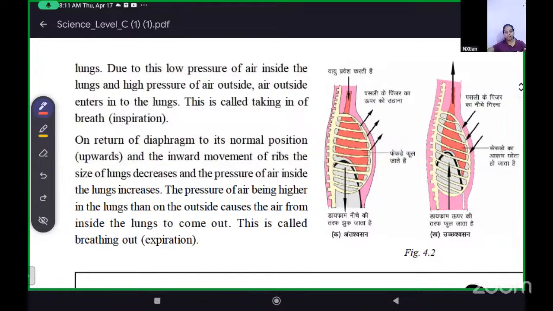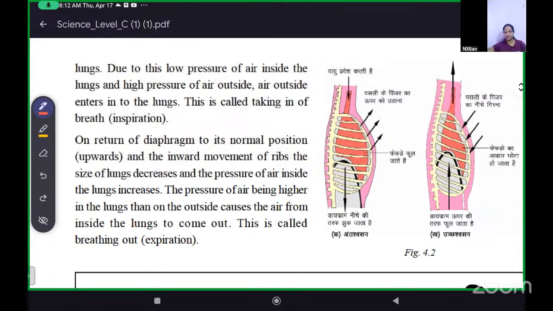What happens in breathing in is also about the pressure. Low pressure is inside the lungs and high pressure is outside the lungs. So our lungs take in the air and we breathe in. And when the pressure inside the lungs is higher compared to the pressure outside, then we breathe out.